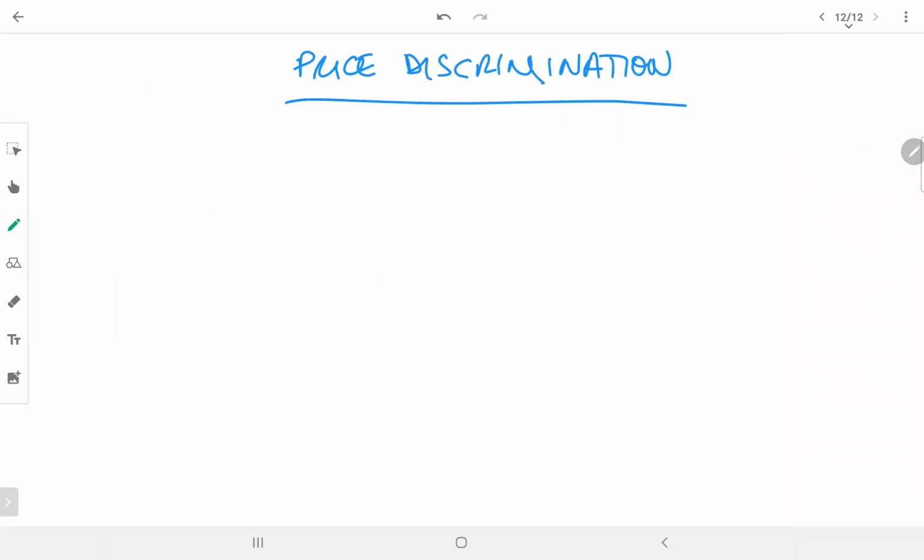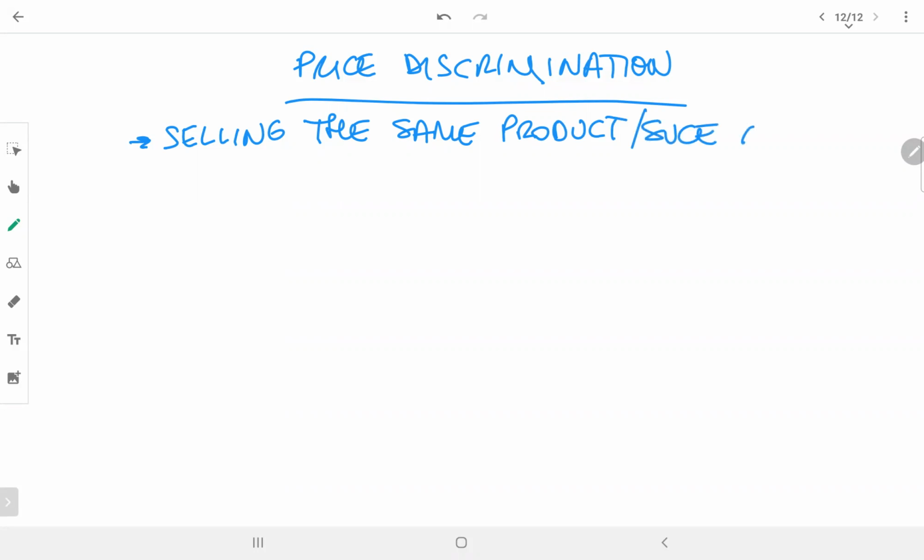Essentially, price discrimination is selling the same product or service at different prices. Okay, so exact same product or service, but at different prices.